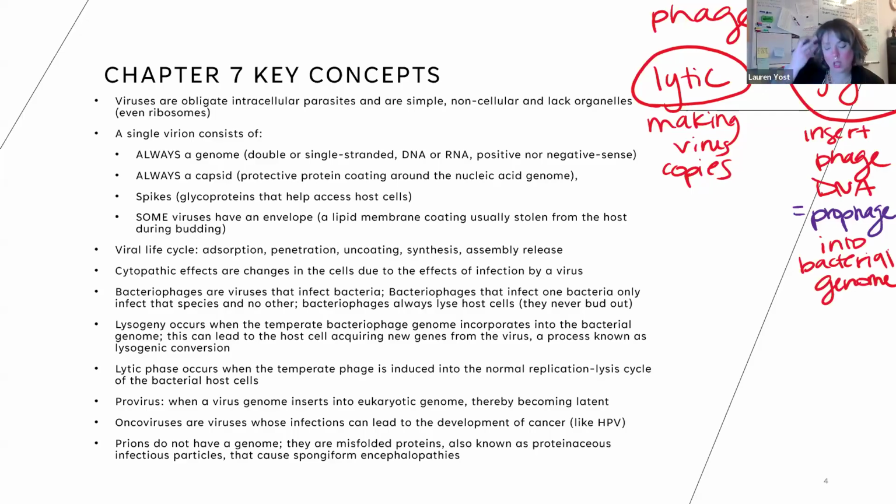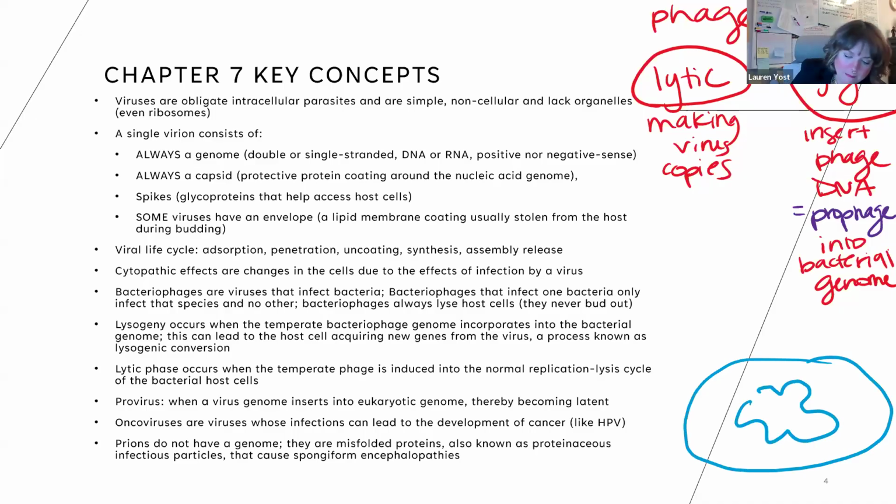Yes, literally in its DNA. And so again, if you're a bacteria and here's your cell, and here's your DNA, and we inserted that virus DNA in there, and that is called the prophage. Literally, that structure is called the prophage.